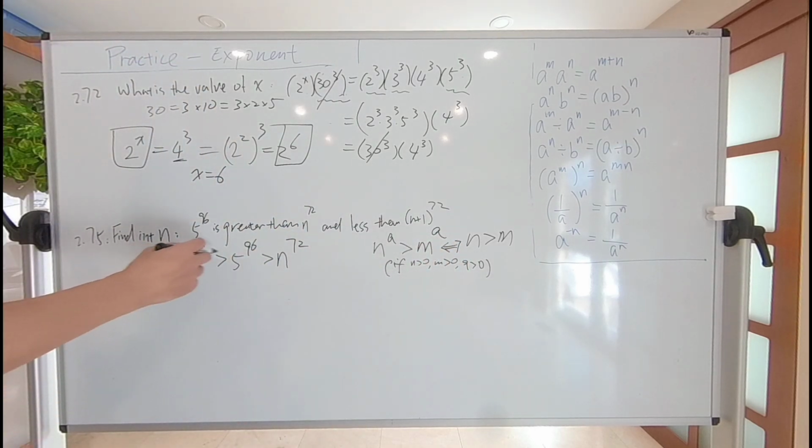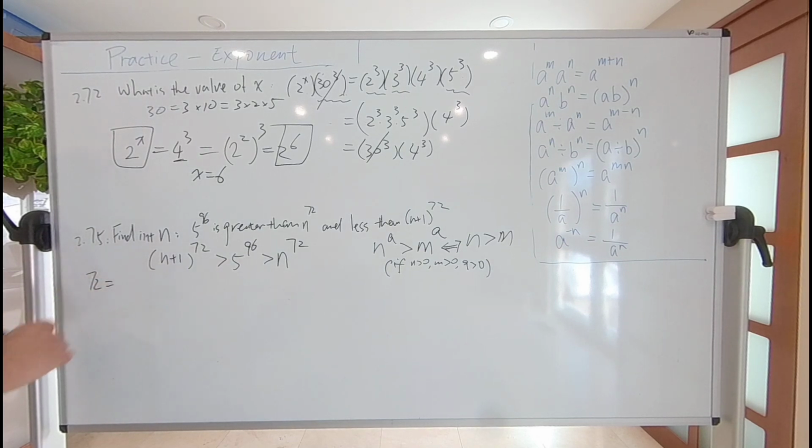Okay, so here, what are the common factors between 72 and 96? For 72, if I'm factoring out, actually I already see the common factor of 24, but let's do this slowly.